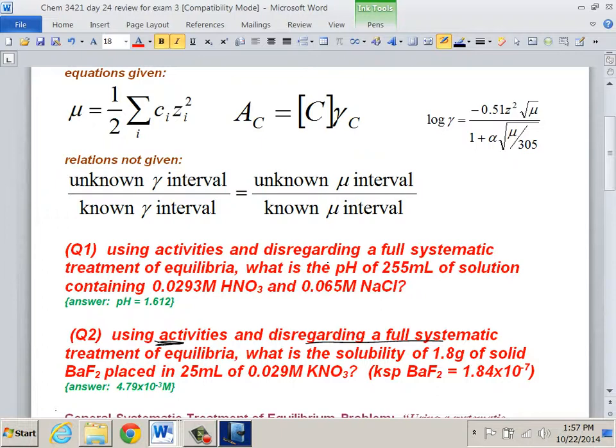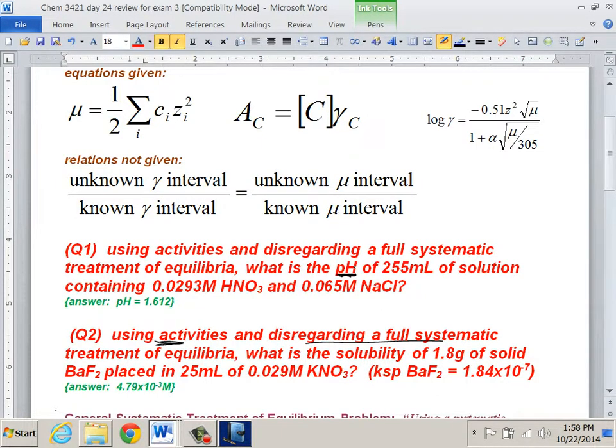Using activities and disregarding full systematic treatment, what is the pH of 255 mL containing 0.0293 molar HNO3 and 0.065 molar NaCl? They want to know what the pH is. What's the equation for pH?